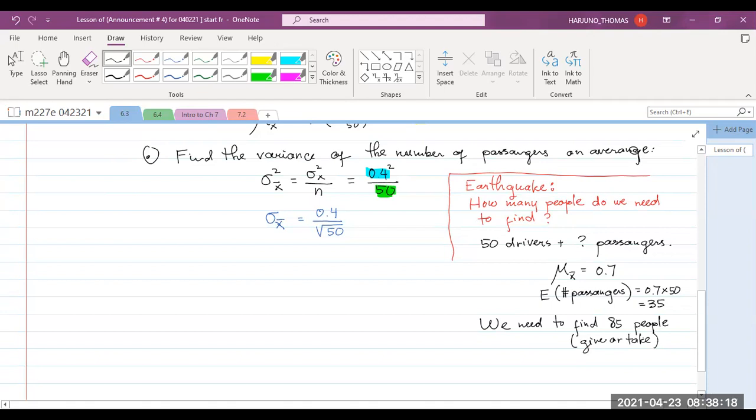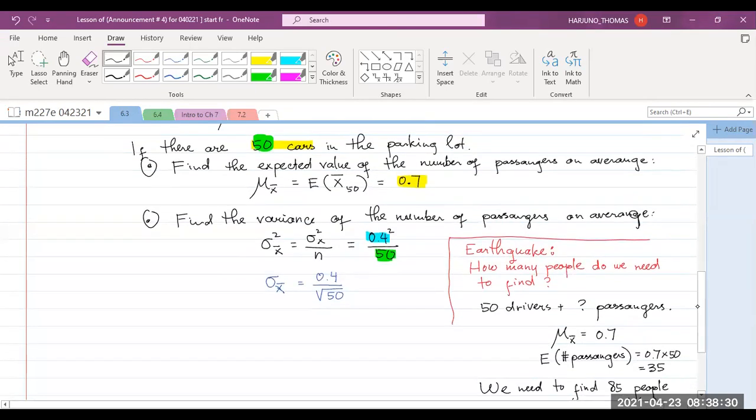Now, how many more should we look for? That's something we learn in 6.4. But for now, at this point, we say we need to search for 85 people. When do we stop? If we have approximately 85, will we stop at 80?